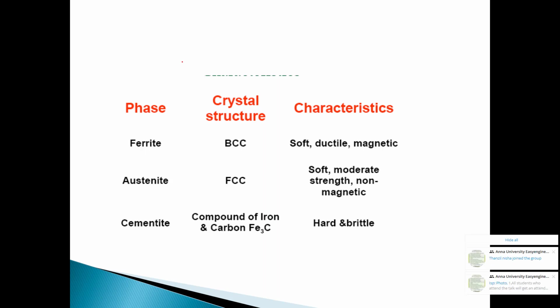Austenite, FCC structure, characteristics are soft, moderate strength, non-magnetic. Then phase cementite, crystal structure is a compound of iron and carbon. Characteristics are hard and brittle.